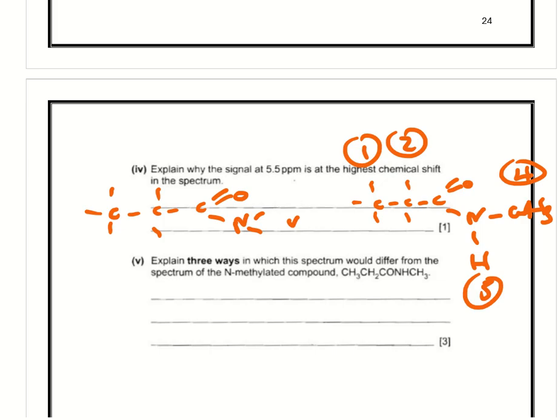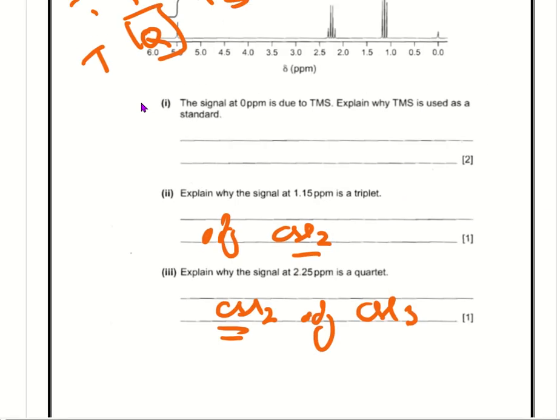Okay, the next one, let me see, splitting. We're going to have a quartet and a triplet here. Okay, we had those up above as well, so we can't quote those as being different.